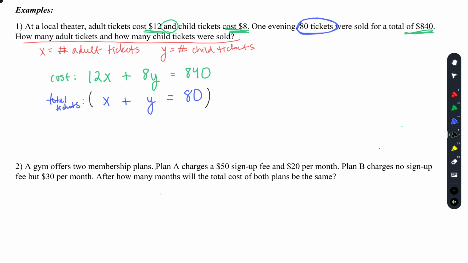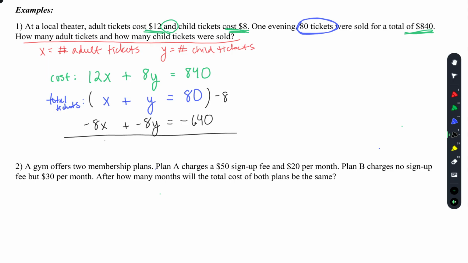I'm going to multiply this bottom equation by -8 so I can get rid of the y's, because then I'll have a +8y and a -8y. So I'll get -8x plus -8y equals -640. And then I'd add them together.